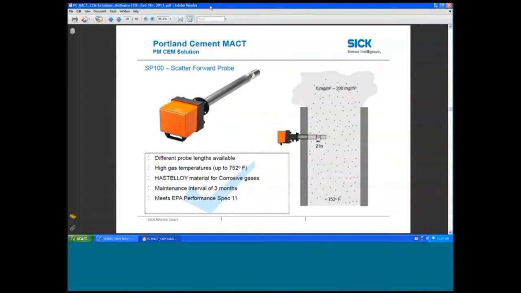Typically these are all tested to TUV standards, and what that means in short explanation is that you test it for a certain period of time, and then the published maintenance interval becomes half of that time. So the tested interval was 6 months, but the maintenance interval we can publish then becomes 3. And you'll see that in some of the other devices I show you too.